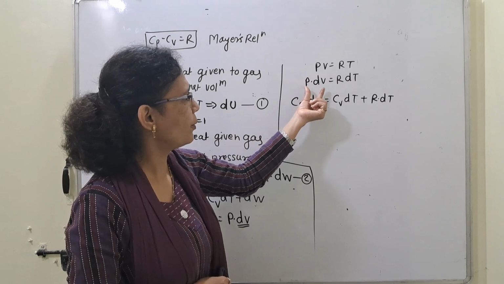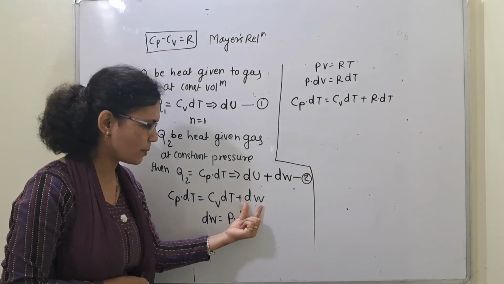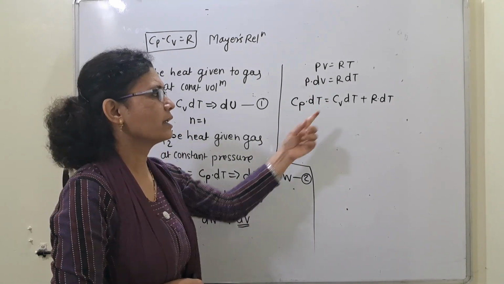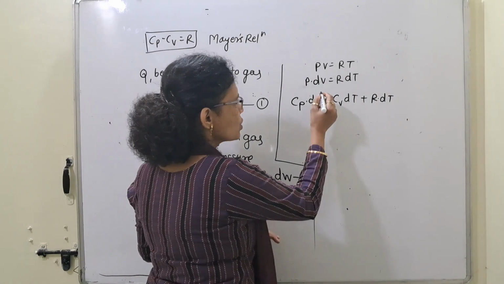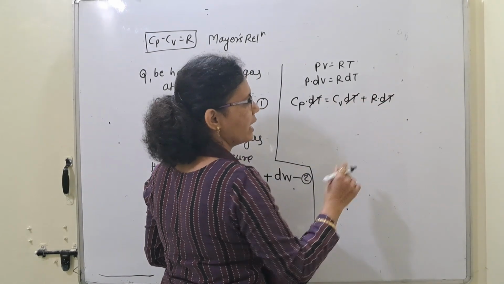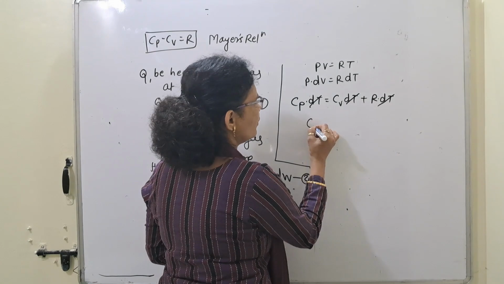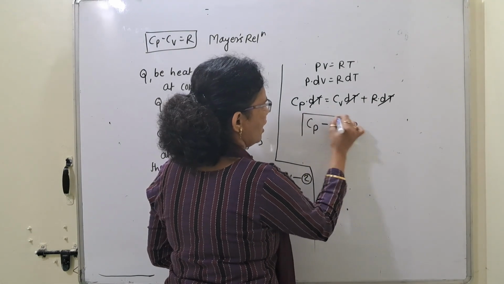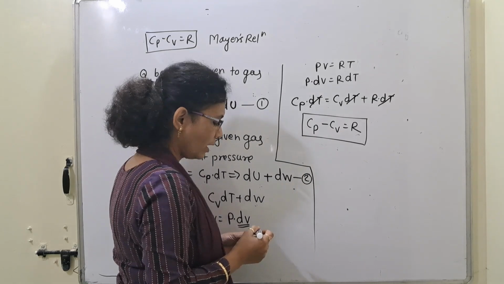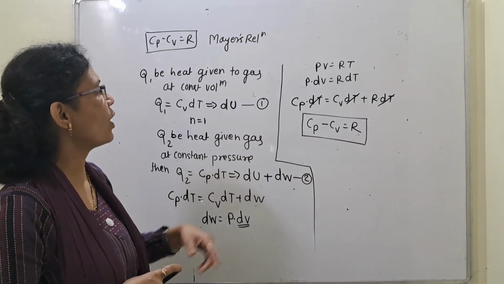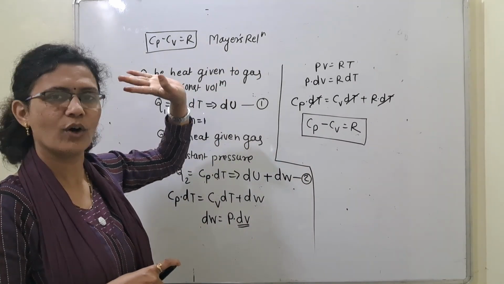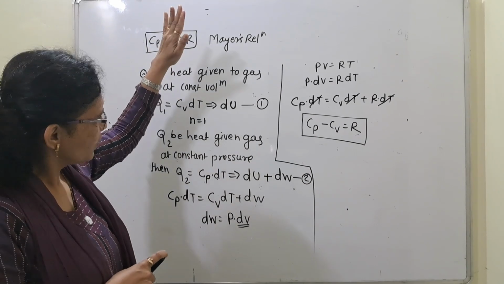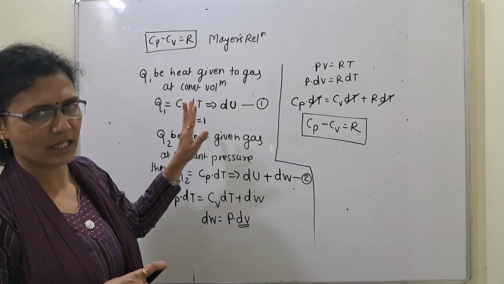So, put that value of P dV in place of dW, that is R into dt. So, dt will get cancelled. What remains here? Cp minus Cv is equal to R. This is the required relation, which is called Mayer's equation or Mayer's relation. You got this? You will get 3 marks for that.